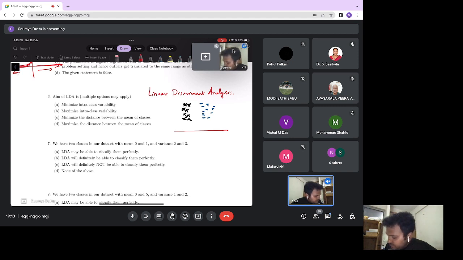Why do you want to do that? You want all of these to be very close together and all of this to be very close together, and that means that you are trying to reduce the intra-class variability, so all your points corresponding to one single class should be very close to one another. At the same time, you want to separate them out in the lower dimensional space, and therefore you want to maximize the distance between the means of the two classes.